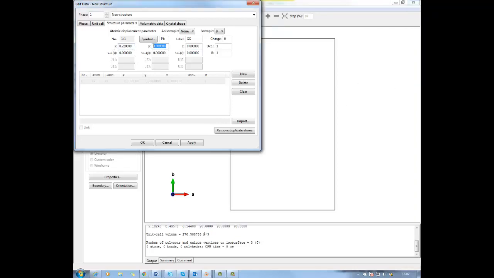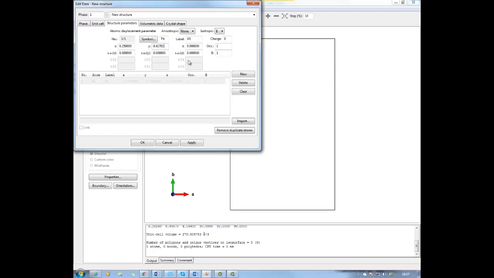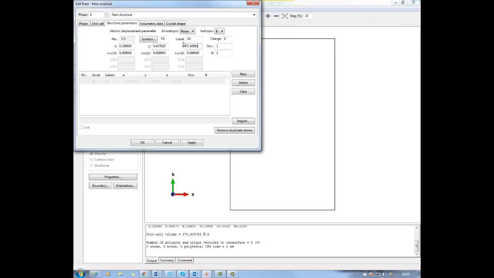Y. Z. Occupancy is 1. The value for B is 0.858. Okay, new. So that one's the lead one on the top.